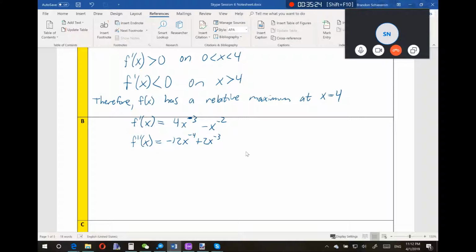So what could I pull out that is in common? x to the negative second power. It's the negative 2. I could pull out more than that. And also 2. Okay, I'm going to pull out the 2. I'm actually going to pull out x to the negative fourth power. If I pull out x to the negative fourth power, what's left for my first term?